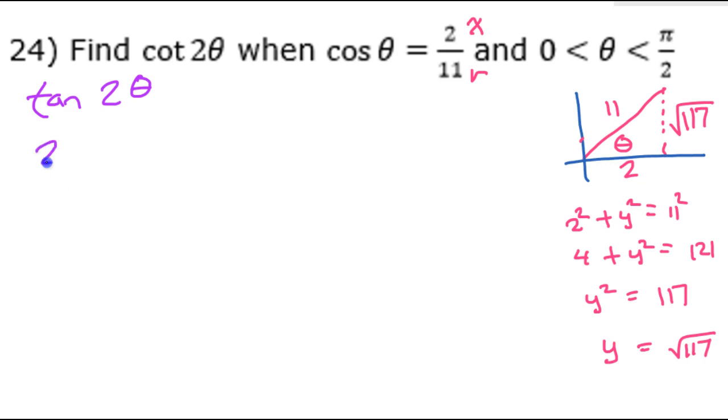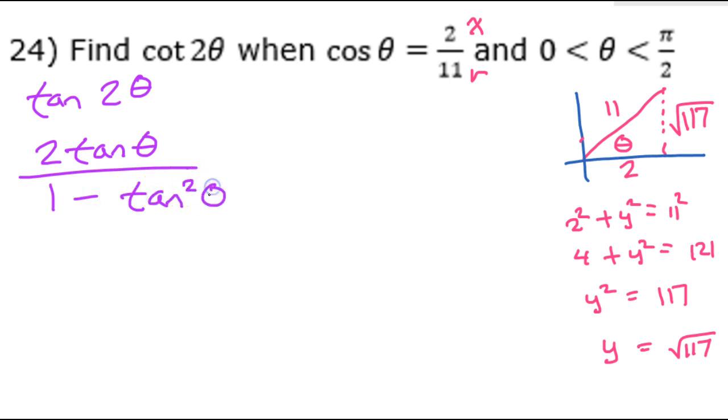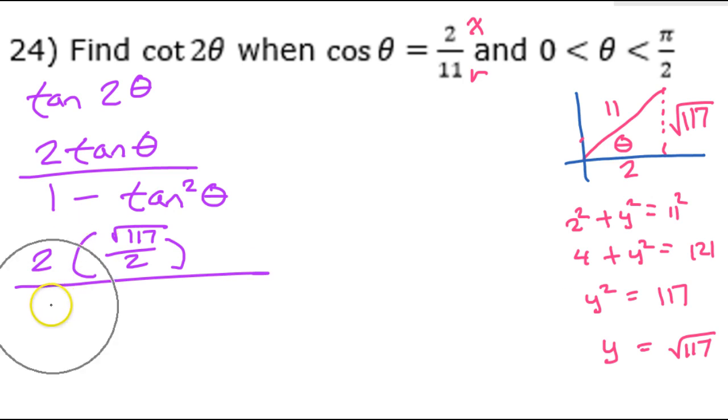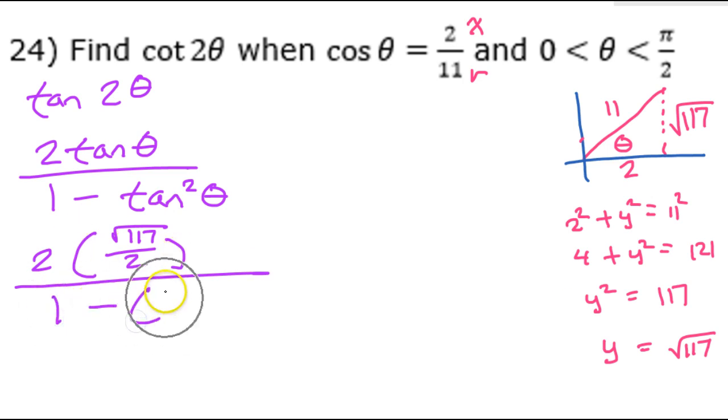So I'm going to do 2 tangent theta over 1 minus tangent squared theta. So tangent is y over x. So this is going to be 2 times, and tangent is going to be radical 117 over 2. Okay, and in the denominator I have 1 minus tangent squared, so that's going to be radical 117 over 2 squared.